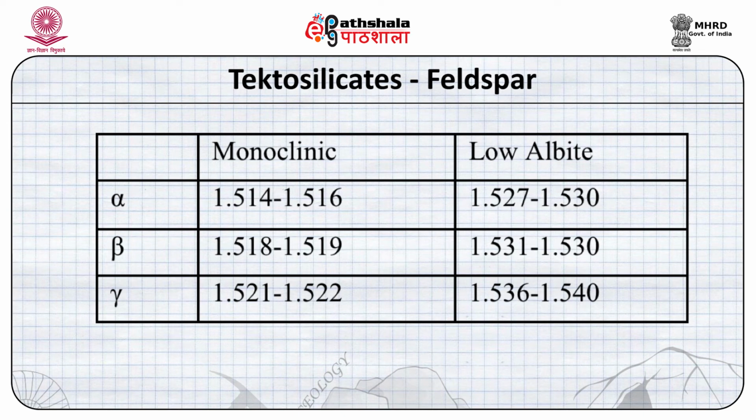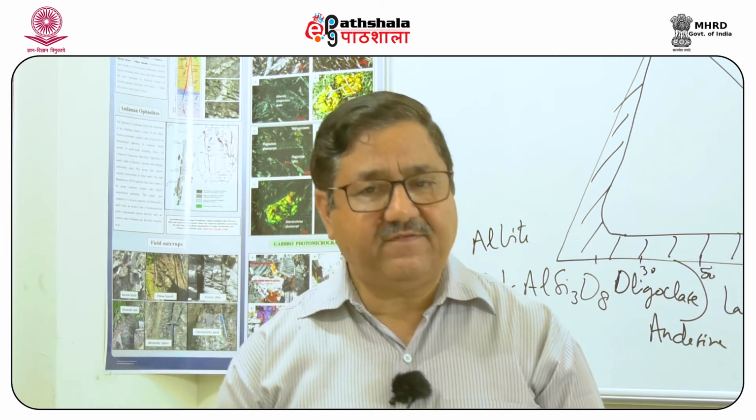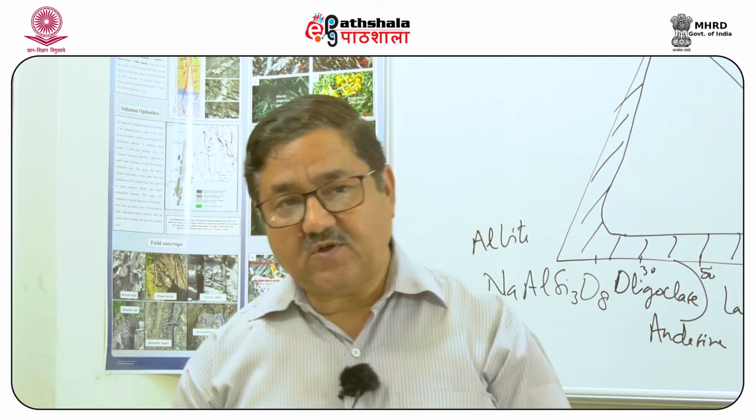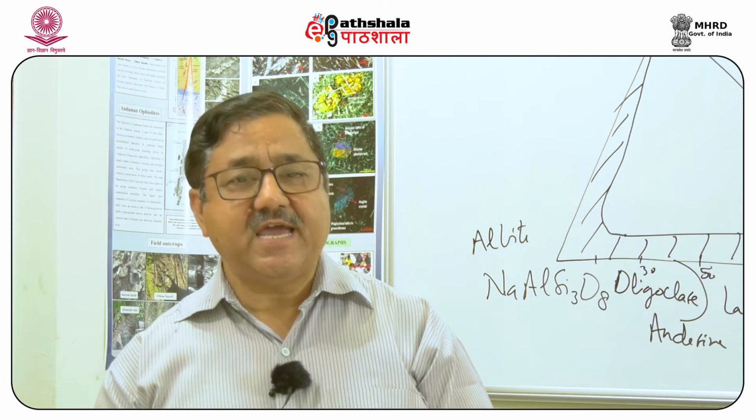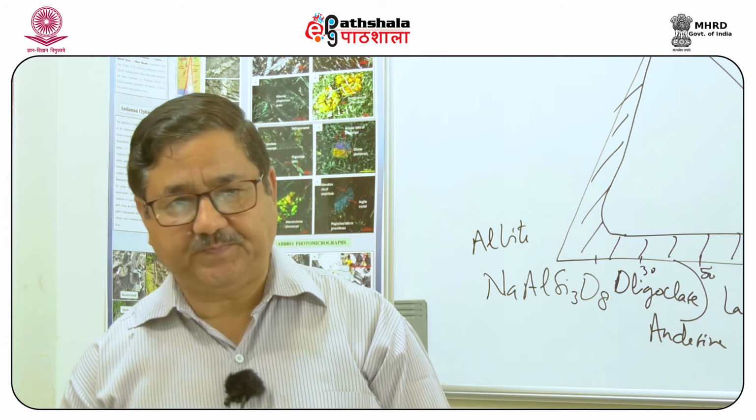For beta in monoclinic orthoclase is 1.518 to 1.519 and gamma is 1.521 to 1.522. So, these are the types of alkali feldspars which are present. Their solid solutions in each series is different and that is reflected in their crystallographic parameters also.